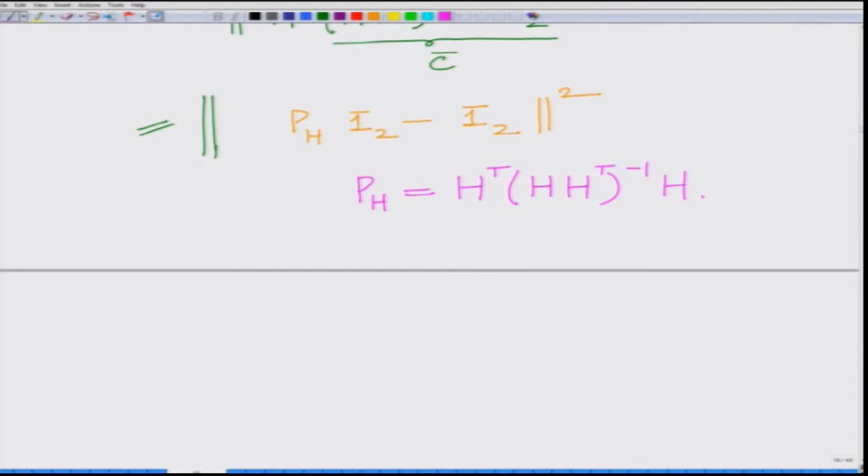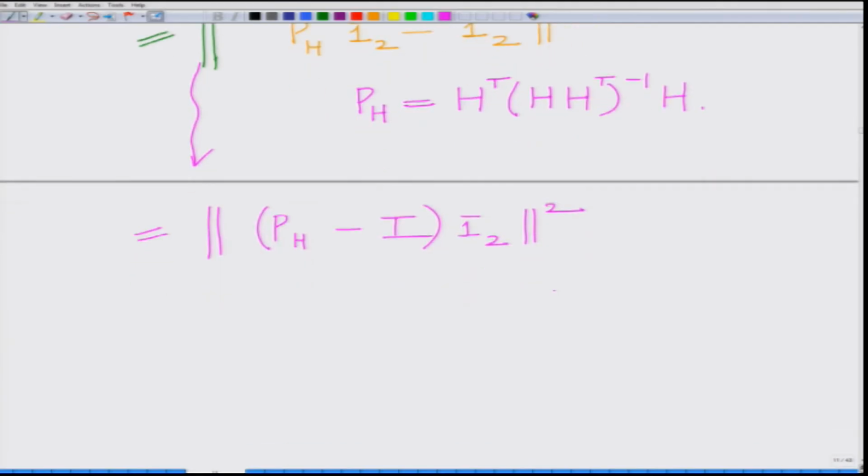Therefore, this is equal to the norm of, now I can write this as, PH minus the identity matrix times the vector 1 bar 2, whole square. Okay.